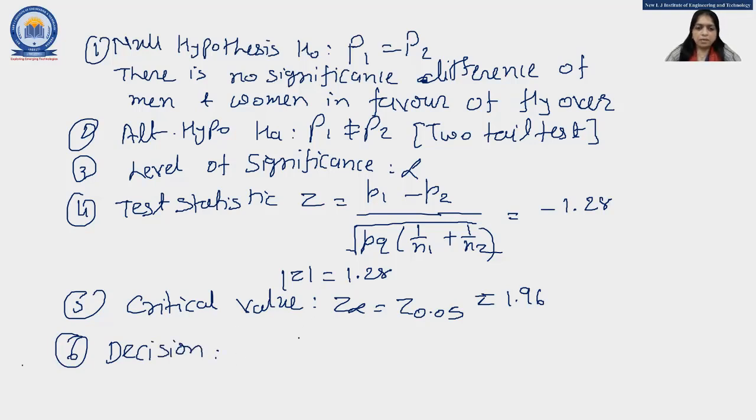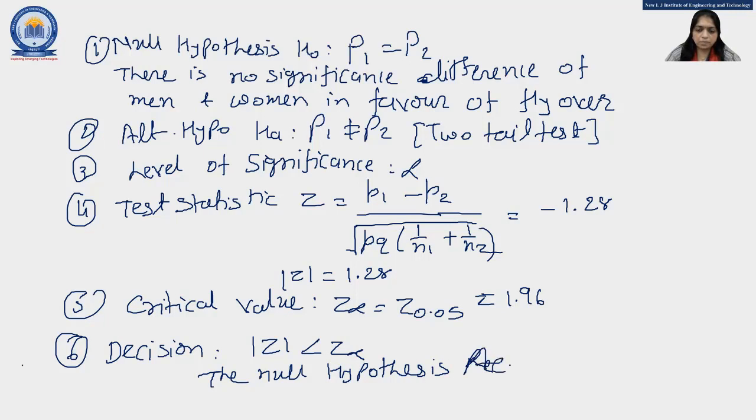If we compare the critical value with the test statistic, here mod Z is less than Z alpha. Therefore, as per the rule, the null hypothesis is accepted.